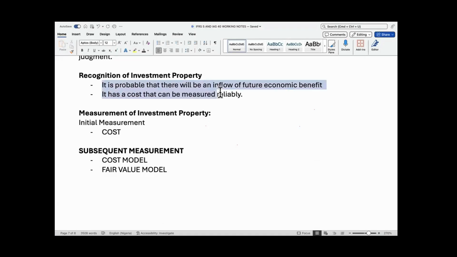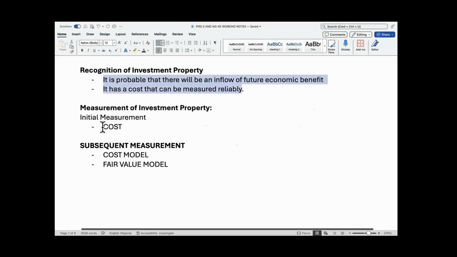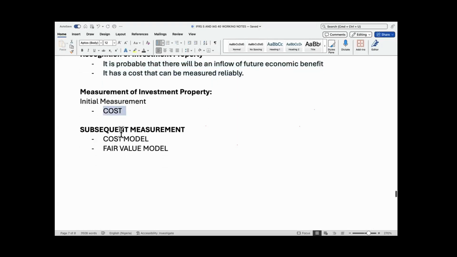So these are the 2 recognition criteria. This is the initial measurement basis, and this is the subsequent measurement basis. For cost model, if you remember, this is cost minus accumulated depreciation minus accumulated impairment losses.